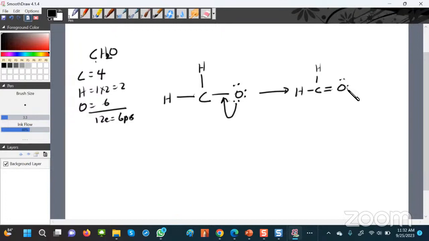So that's basically what's involved in drawing the Lewis structure based on the formulas for these compounds. So with that said, start on these, and if you have any questions, of course, feel free to ask. That's what I'm here for.